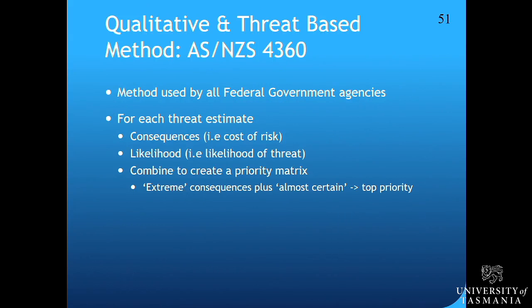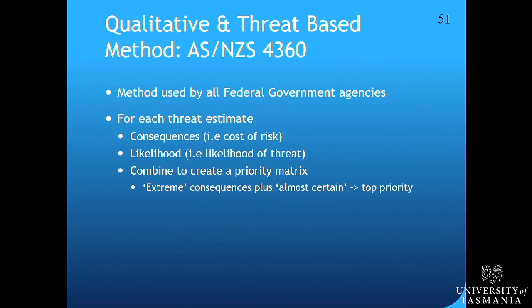Now, in Australia, much like lots of countries, there are government-suggested ways of doing this. There's a standard, 4360, which is the code in Australia and New Zealand for undertaking a risk analysis.